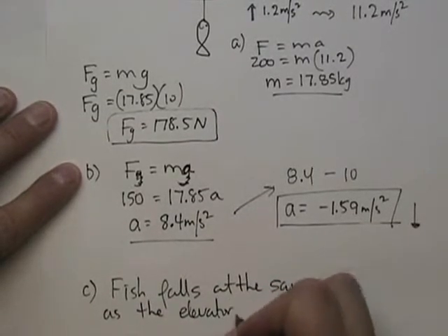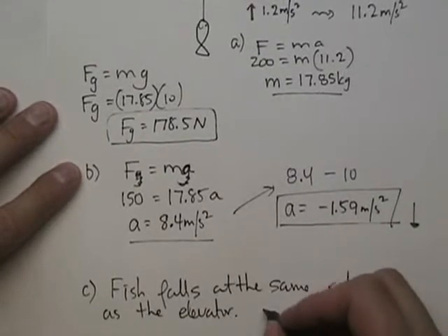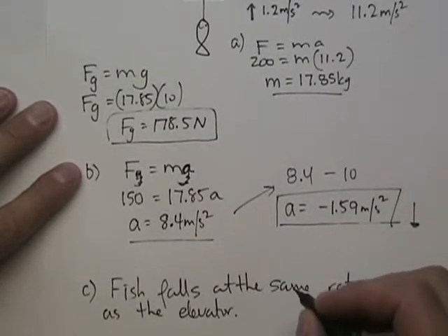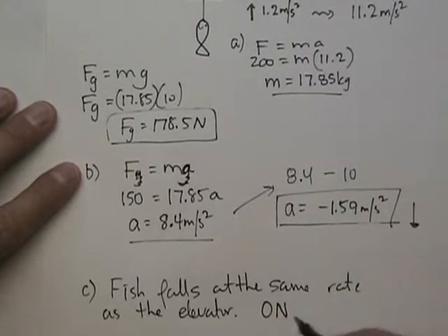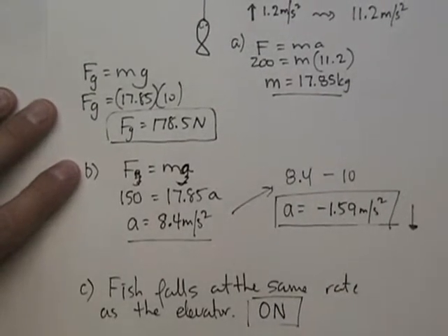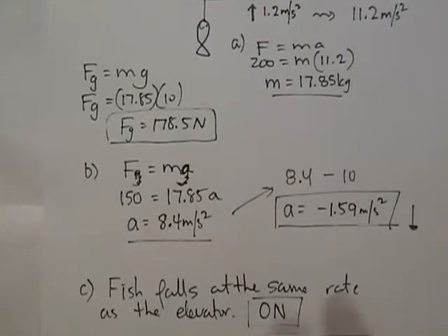And if you're tied to the top of an elevator that's falling and you're falling, in the end you're going to read 0 newtons, which is what happens to that fish. No reading. Okay, so there's vertically moving systems.